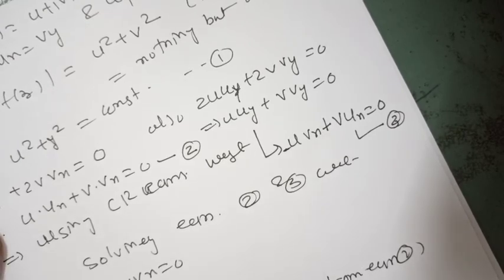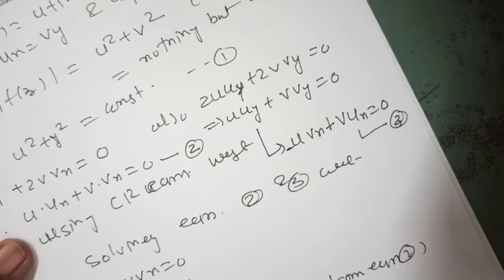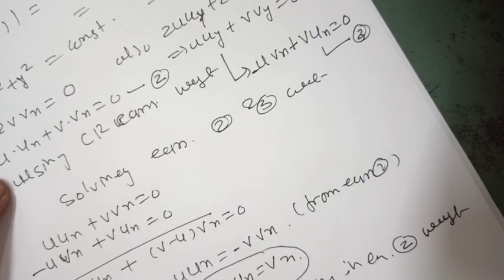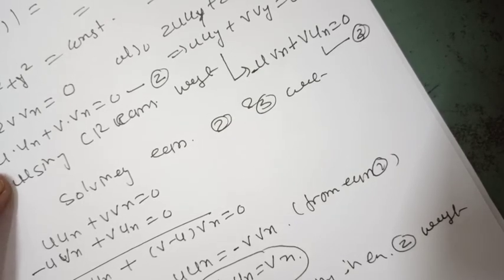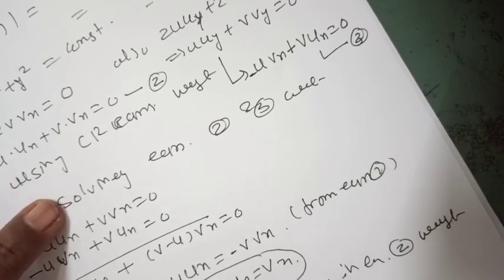Putting this in equation 2, we get u ux plus v into minus u by v ux equals 0.